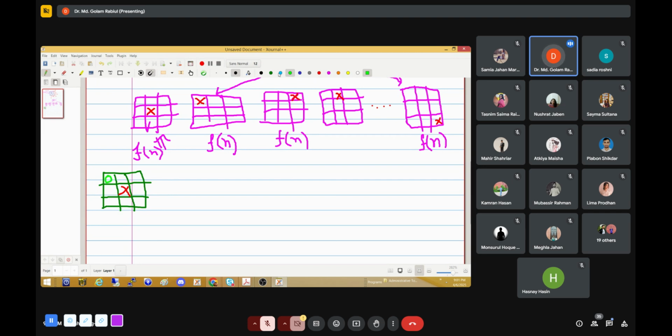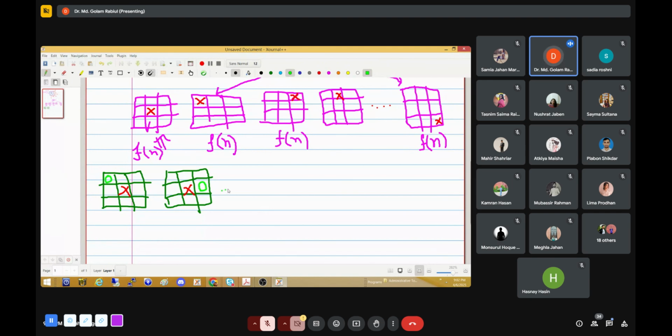Then someone can think about another state like here. Another states. So X is in center, and we can think about the O is here. Okay, in this position. So this can be another state.